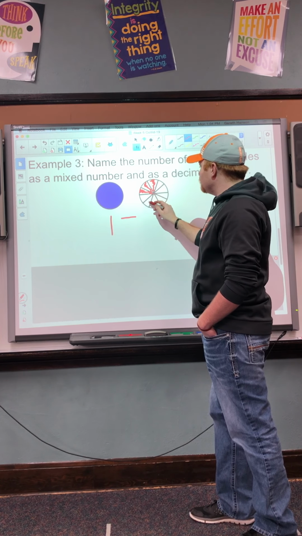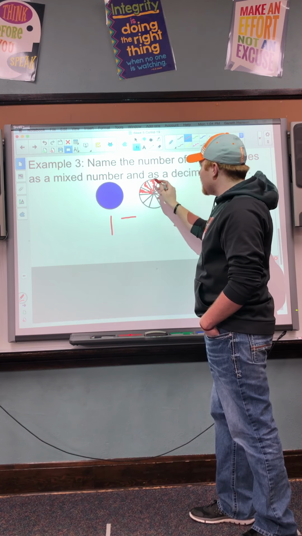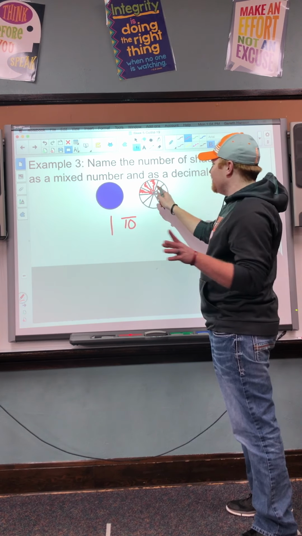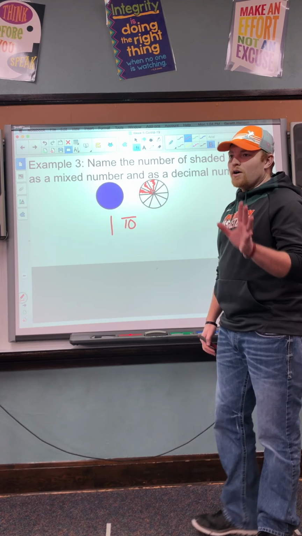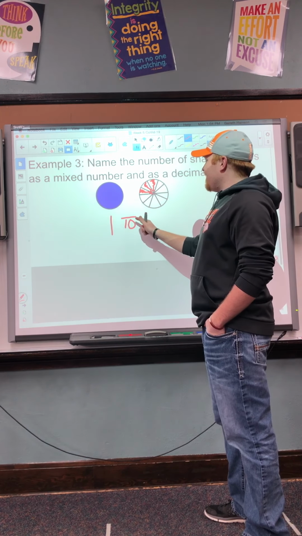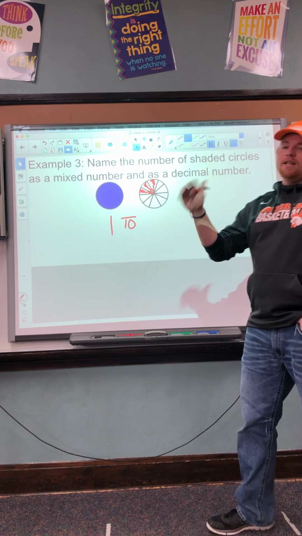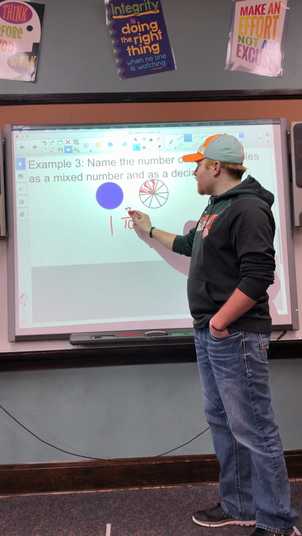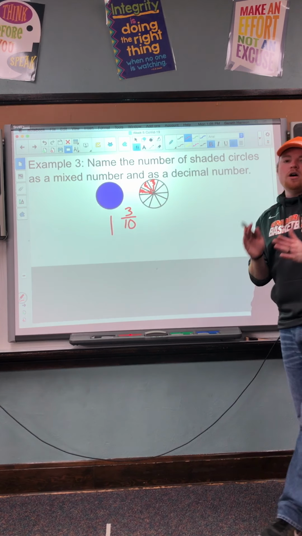We have 1, 2, 3, 4, 5, 6, 7, 8, 9, 10 total. And you guys don't understand how long it took me to divide this circle into 10 places. Hard to figure out. Finally got it. Worked out great. Now the numerator is the number of total shaded parts. So we have 1, 2, and 3. So there's our mixed number.